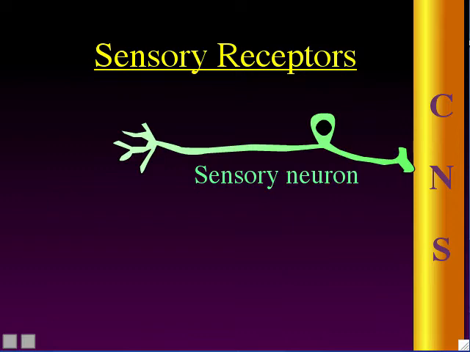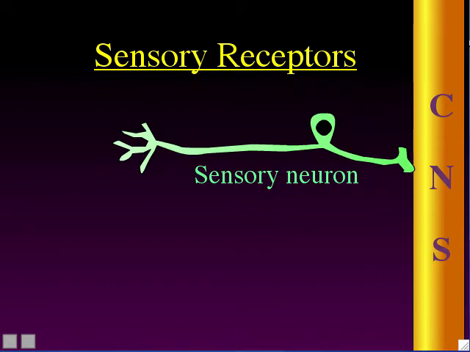Okay, so in some sense organs, the sensory receptors are sensory neurons, just like you see here. And you remember the way sensory neurons work. The dendrites, which you see over here, detect the stimulus, and when they detect the stimulus, the sensory neuron generates a nerve signal, which then passes through the sensory neuron and then into the CNS.